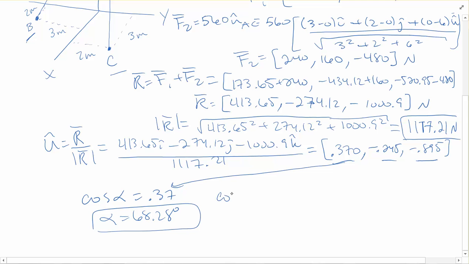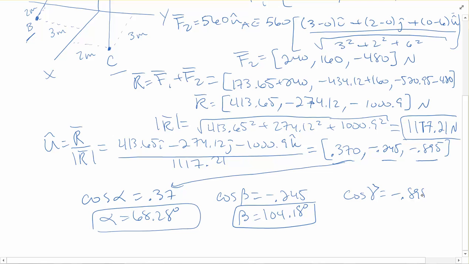Then we do a similar thing for the other two angles. Cosine beta is equal to the y component of the unit vector, negative 0.245. Do the arc cosine, and you get that beta is 104.18 degrees. And then finally cosine gamma is negative 0.895. We do the arc cosine, and you get 153.51 degrees.